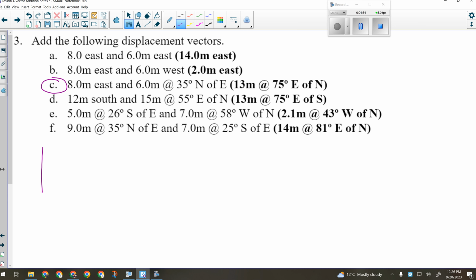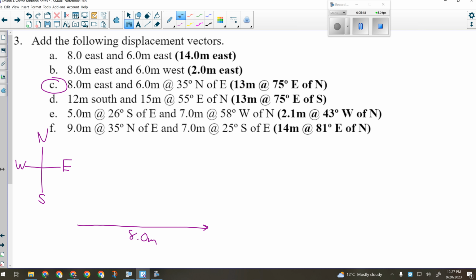Let's have a look at the diagram. Just as a refresher, a compass goes in this order: Never eat shredded wheat, clockwise, around that way. So our diagram for question C should go 8.0 meters east.